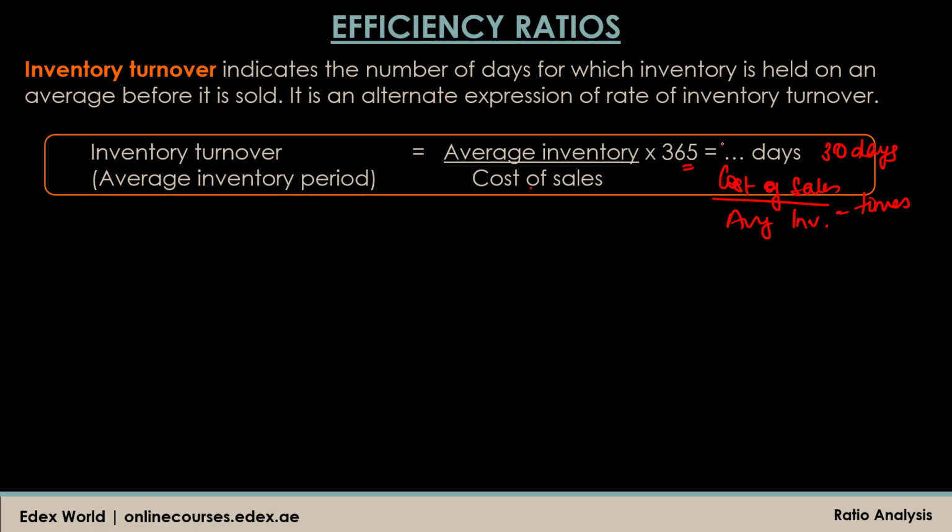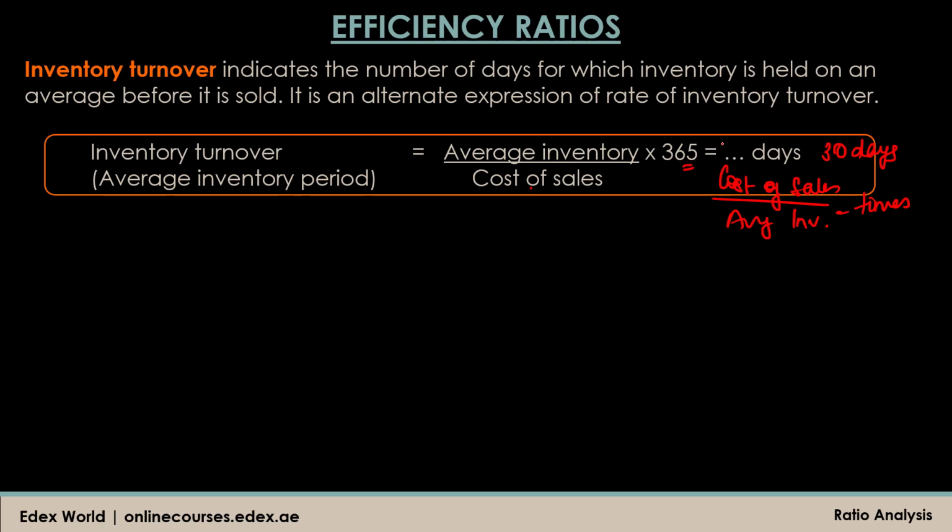In the rate of inventory turnover, analysis was that we need a higher ratio, a higher rate of inventory turnover, and then we can say that the business is selling its inventory faster and it is good for the business. But in the average inventory period, we want our ratio to be lower.